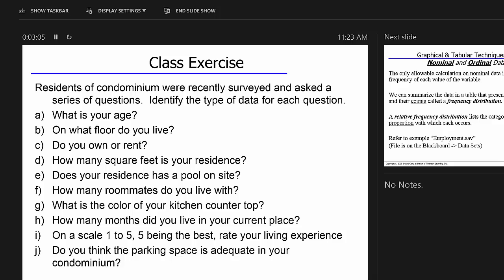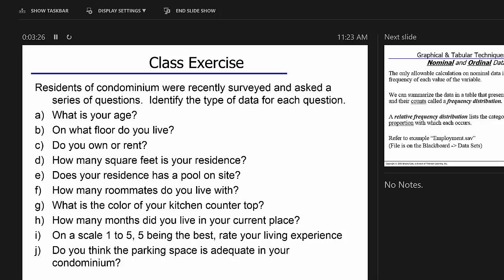How many square feet is your residence? What data type is that? Darius, what do you think? Interval probably, because it's a number measured in square feet, you can find the average and everything else. Does your residence have a pool on site?